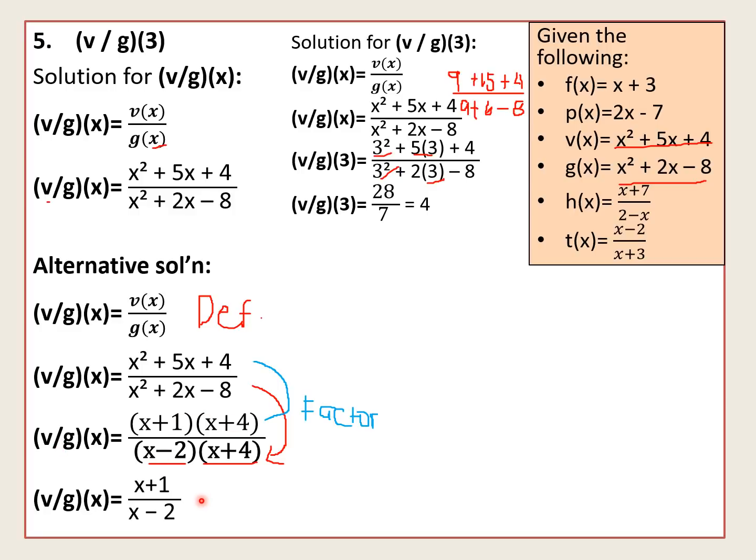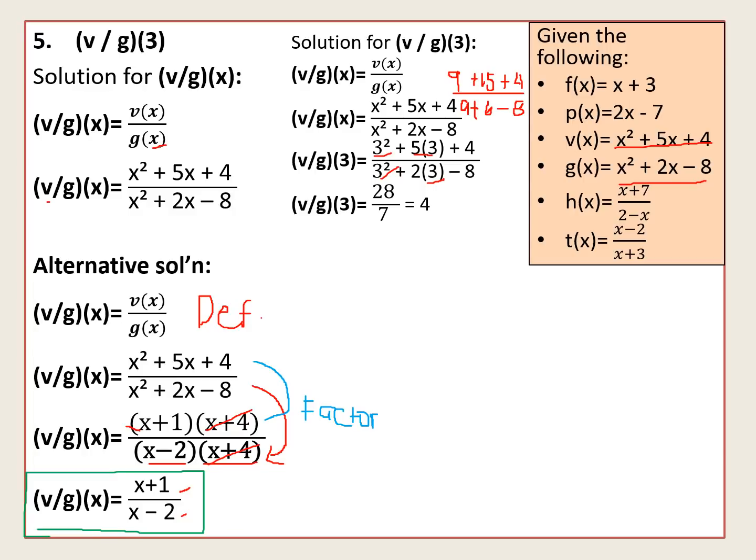Both x plus 4 on the numerator and denominator will be cancelled. What remains is x plus 1 on the numerator and x minus 2 on the denominator. Therefore, our final answer for the simplified quotient would be x plus 1 over x minus 2.